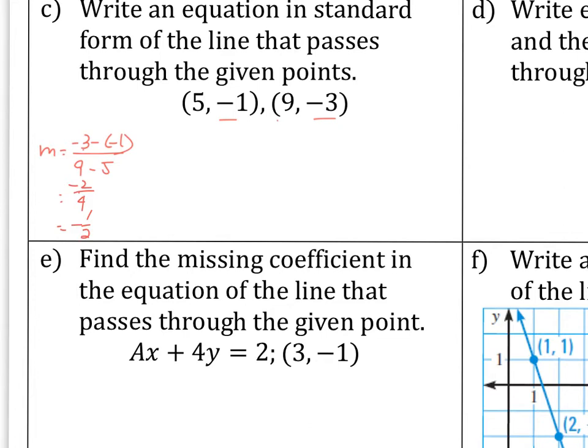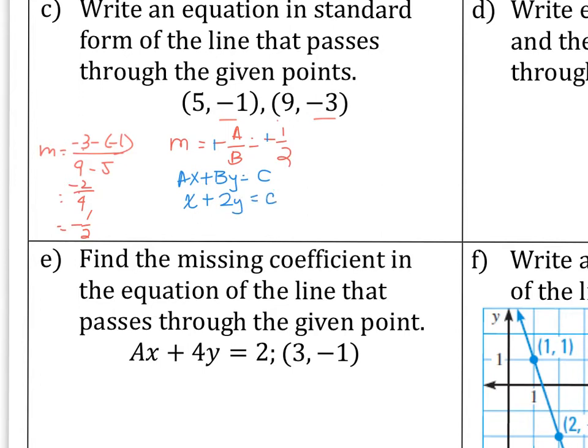And then now I'm going to use m equals negative a over b to find my equation of the line. I'm going to set this equal to negative half. So write ax plus by equal to c. My a is 1, so just simply write x. B is 2.